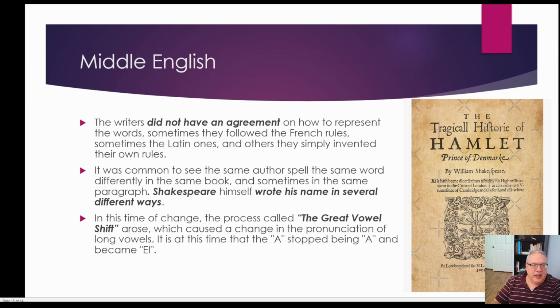In this time of change, the process called the Great Vowel Shift arose, which caused a change in the pronunciation of long vowels. It is at this time that the A stopped being "ah" and became "ay".